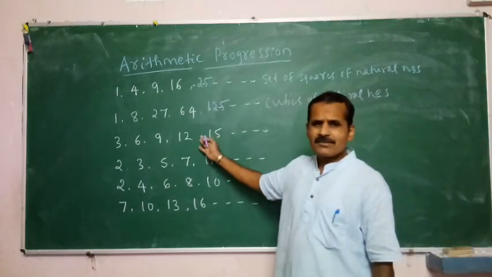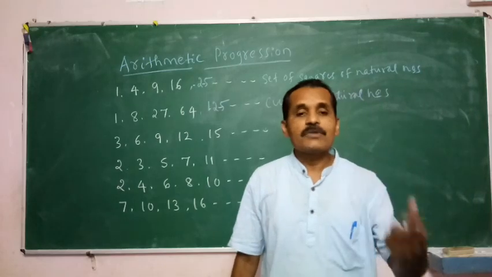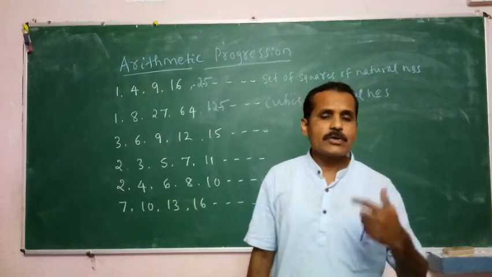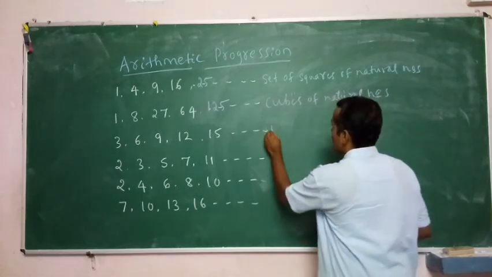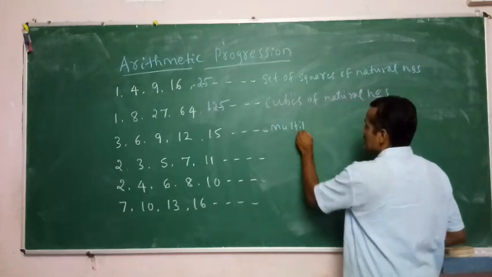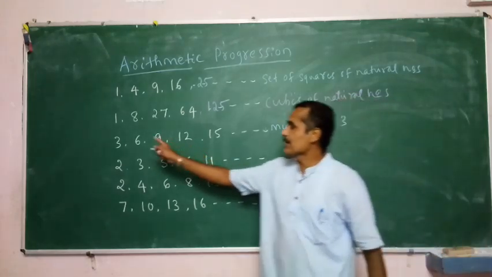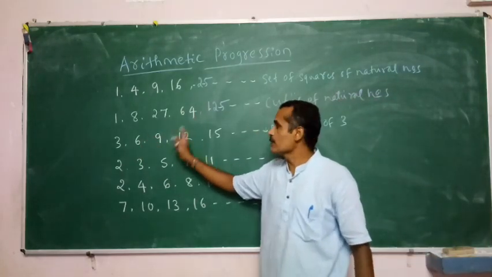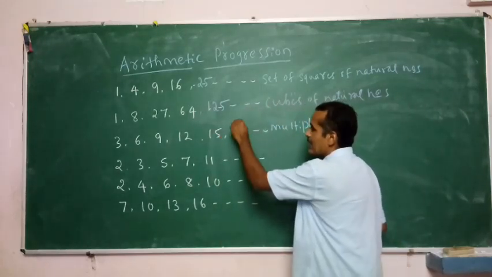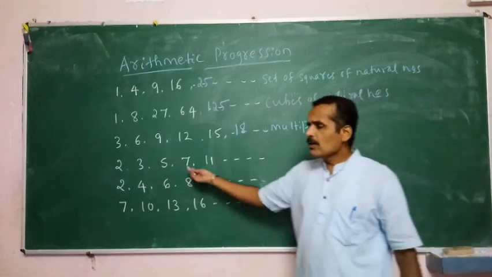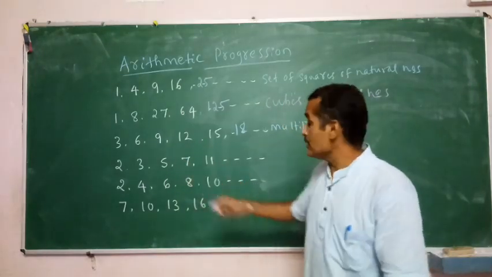What are these? These are multiples of 3. 3 ones are 3, 3 twos are 6, 3 threes are 9, 3 fours are 12, and so on. If I add the next number, 3 sixes are 18. What are these? These are the set of prime numbers.